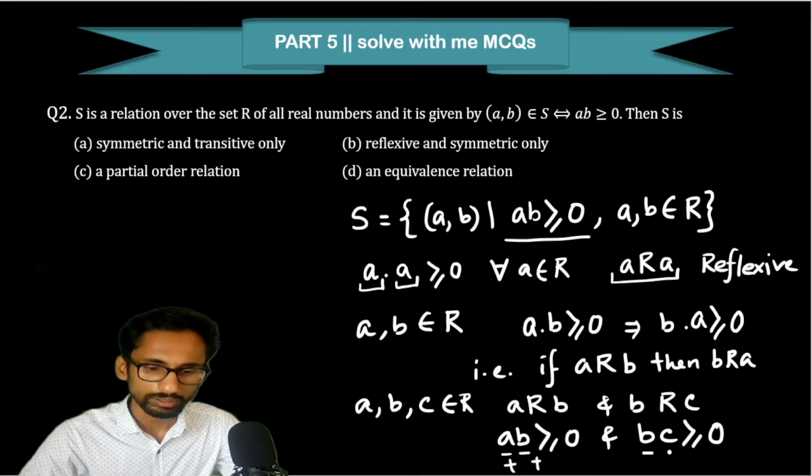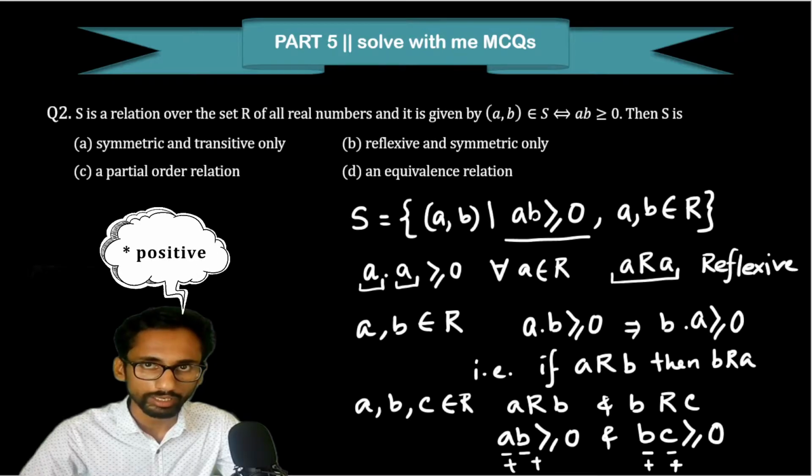Same for these two. If b is negative, then c has to be negative. If positive, then c has to be positive. Now, if b is negative here, then it will also be negative here. So when b is negative, a and c, both of them are negative. When b is positive, a and c, both of them are positive.